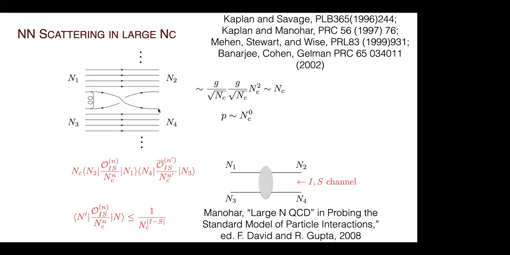One is that because of the large number of colors, because of the massive number of quarks in each of these nucleons, you can factorize it and keep the N2 with the N1 matrix element and the N3 with the N4. And that means that the analysis of figuring out the impact of the potential will be dictated by the scaling that we've already looked at in the single nucleon matrix element, which is encoded here again.